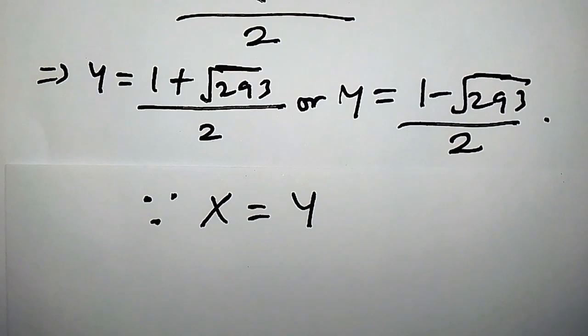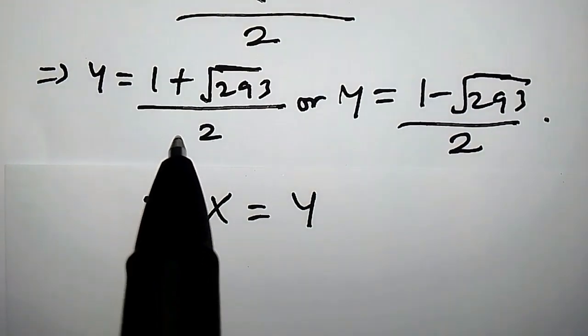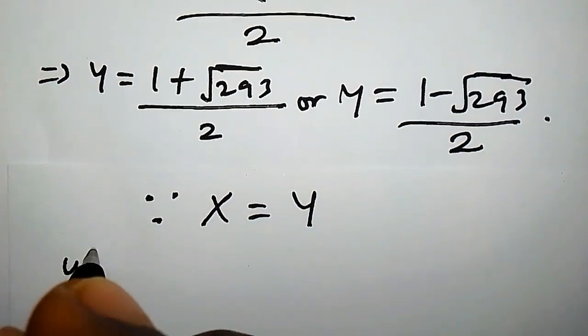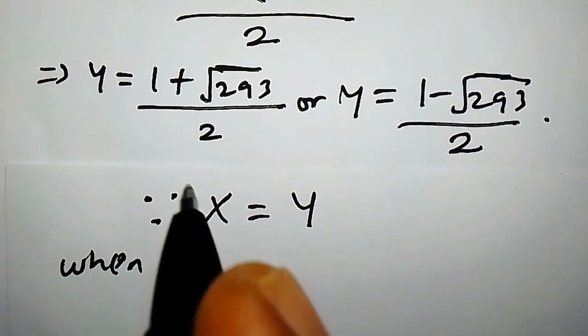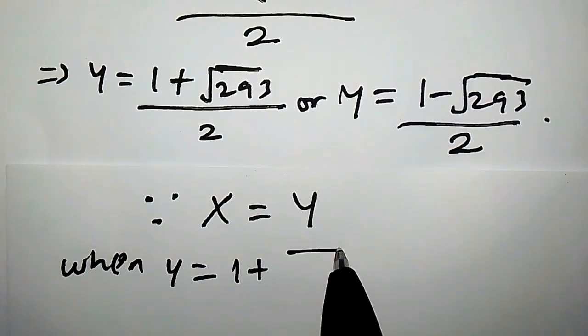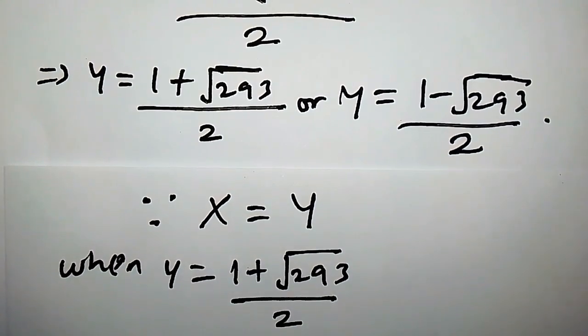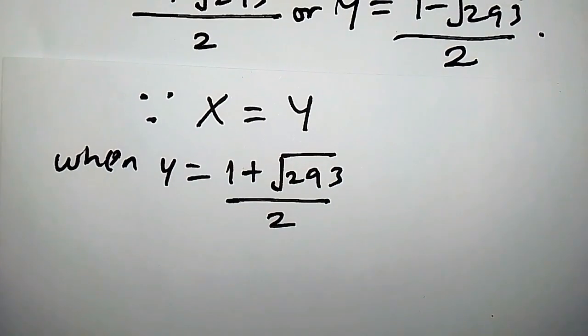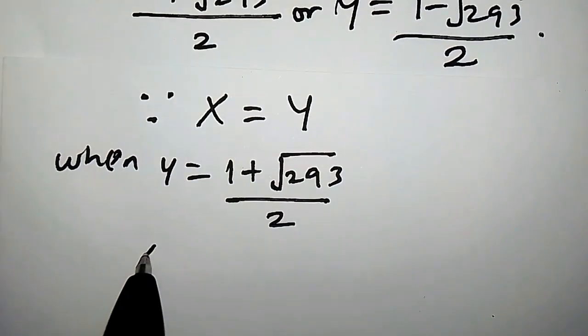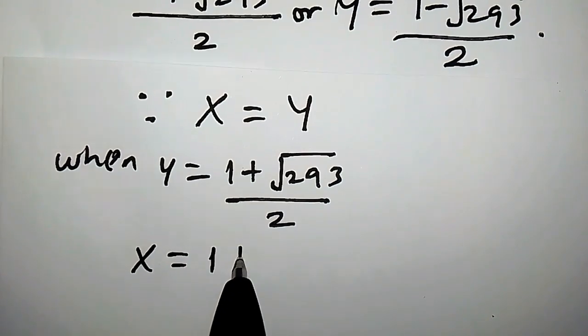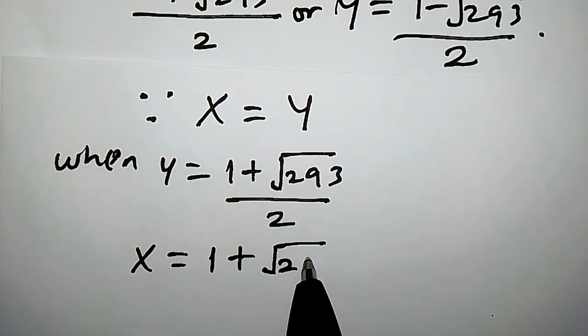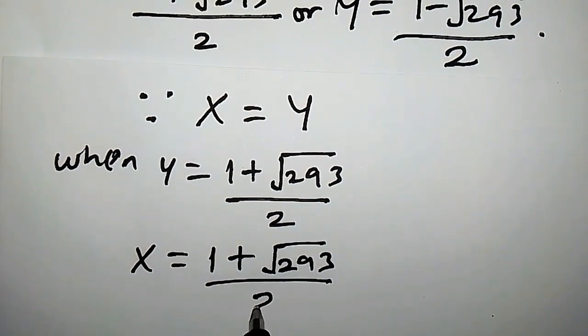What we have to do now is to consider each value of y. When y is equal to 1 plus root 293 divided by 2, what will now be the value of x? We just have to plug it here. So x is equal to 1 plus root 293 divided by 2.